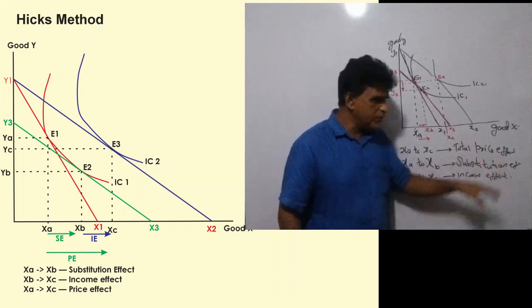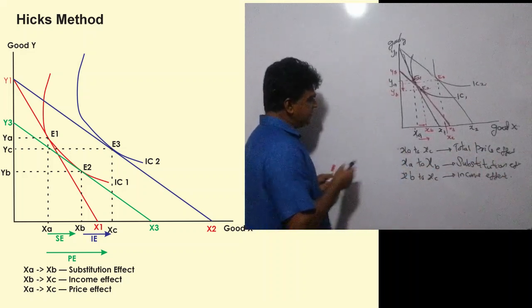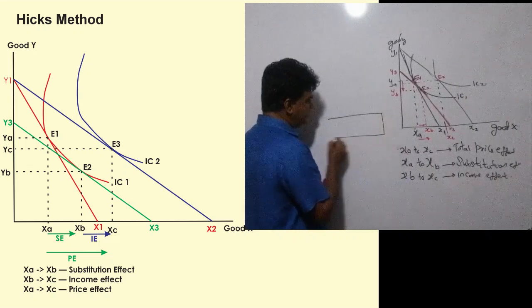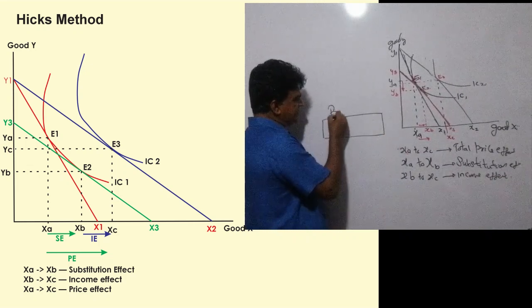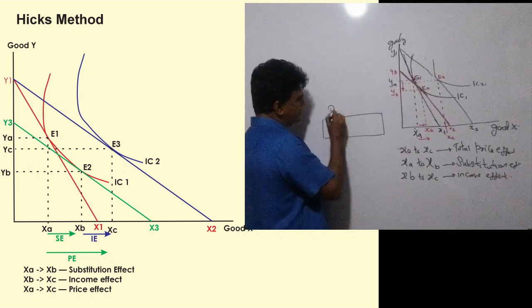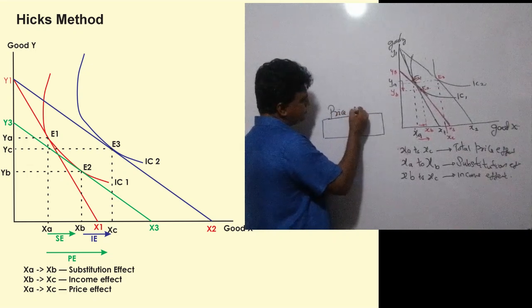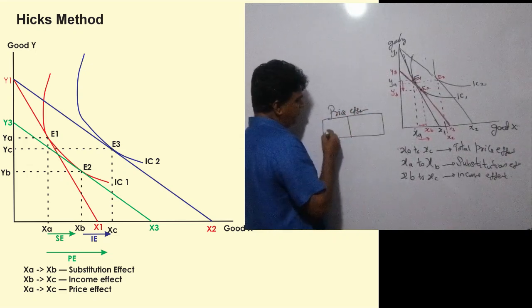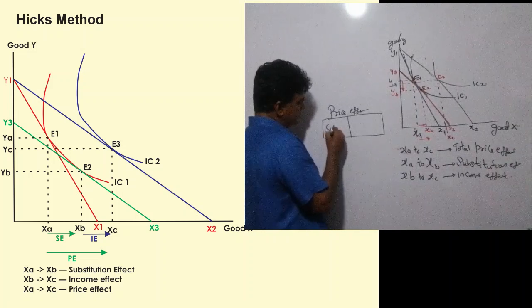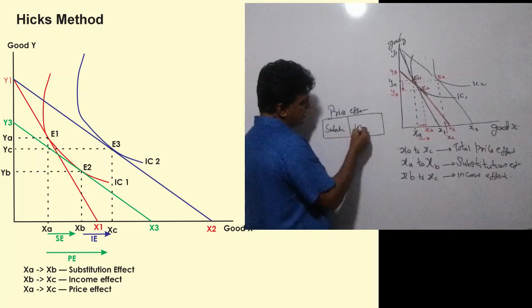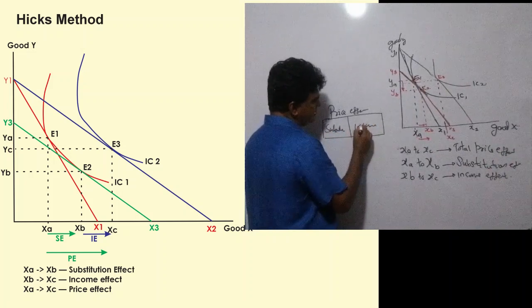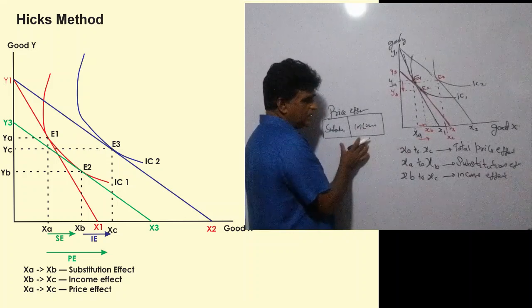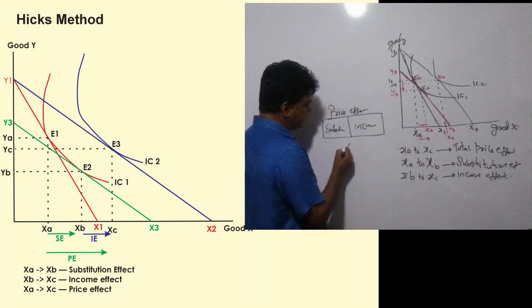Normally the total price effect is a composition of two. If this is the price effect, then we can identify the substitution effect and income effect as its composition. Now we are trying to decompose these two.